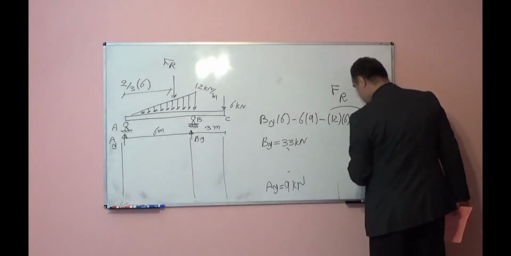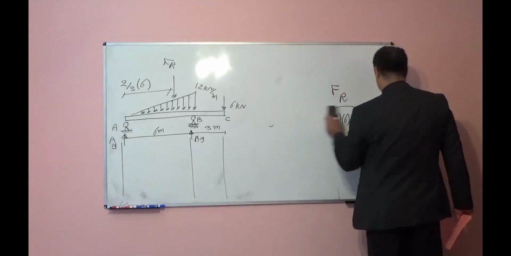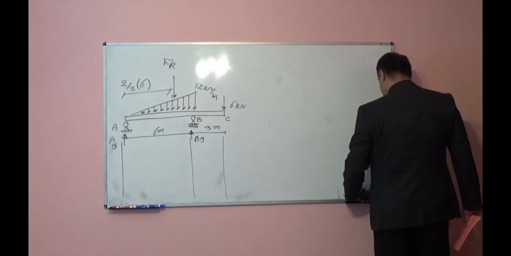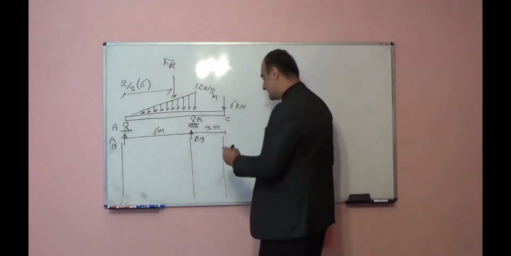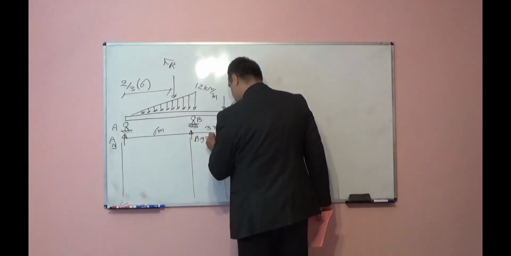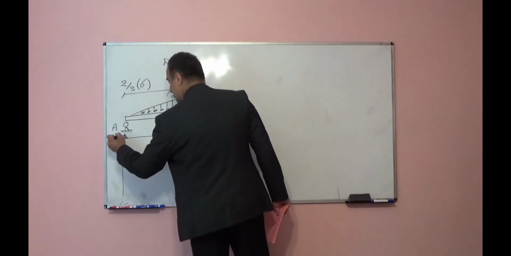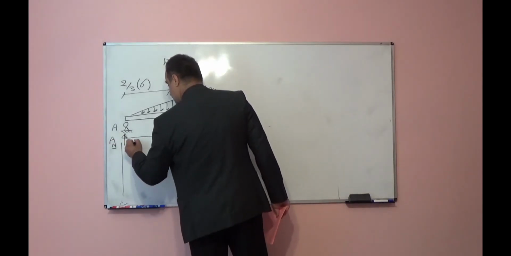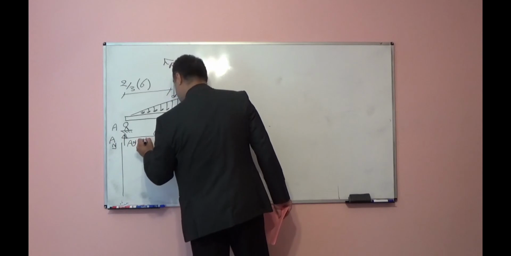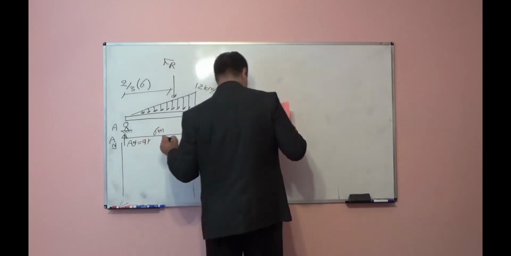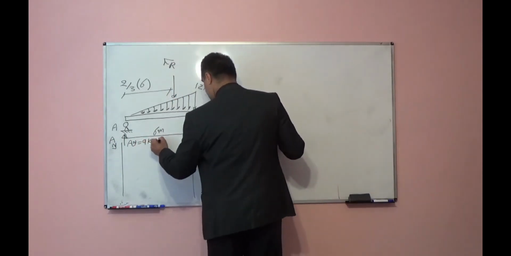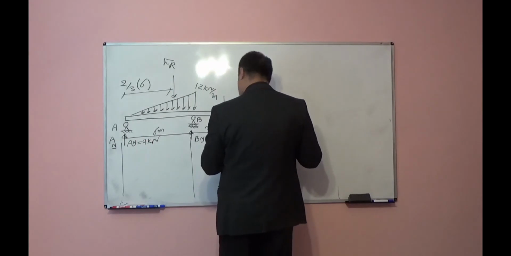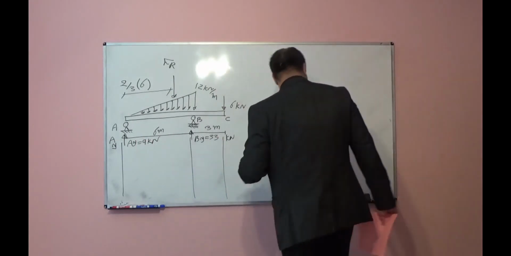After I find reaction, I can draw shear force diagram and bending moment diagram. You should find using free body diagram. With free body diagram, you will need 2 cuts.